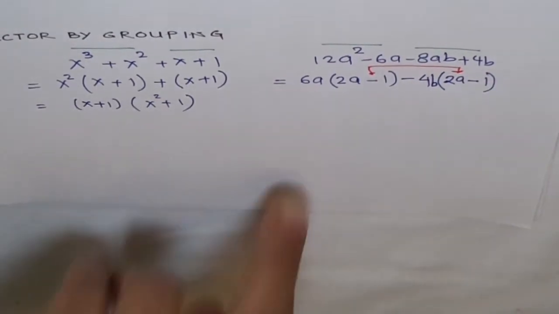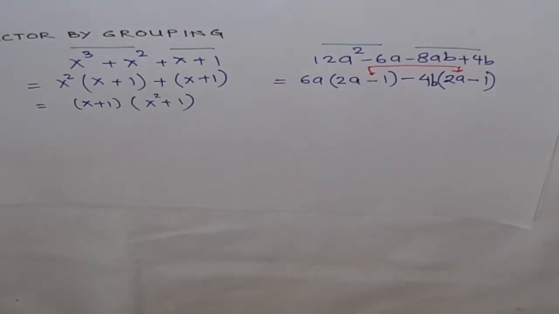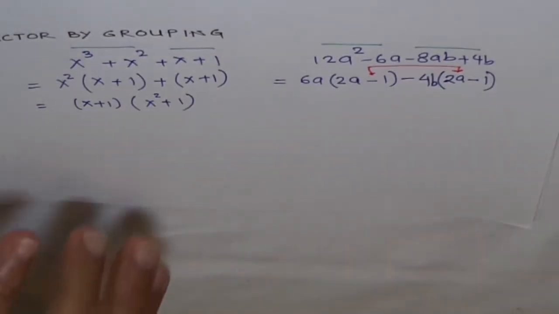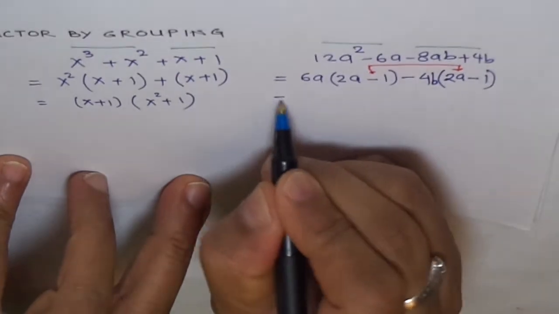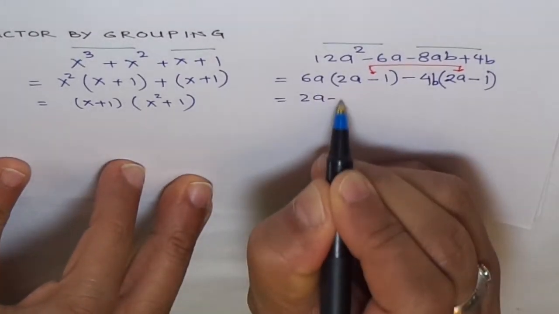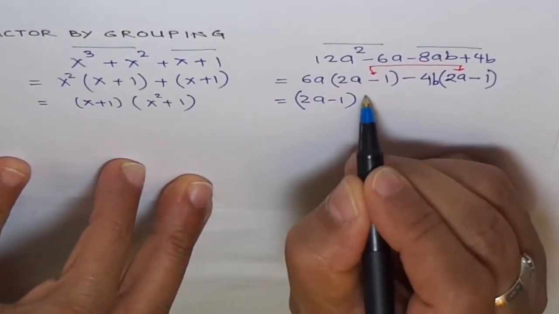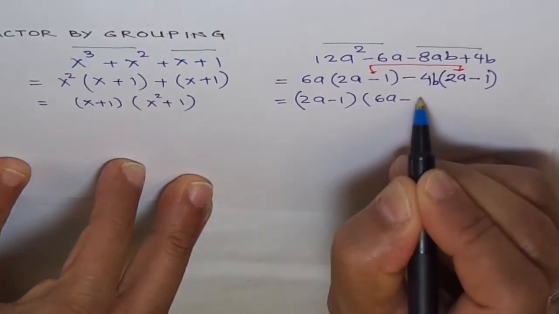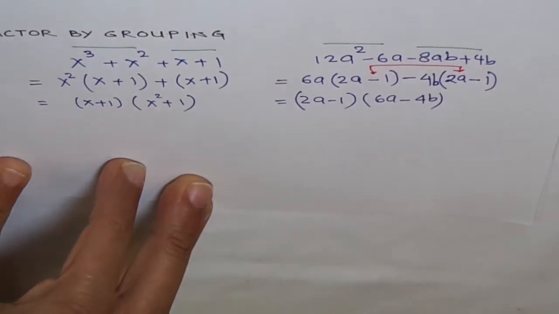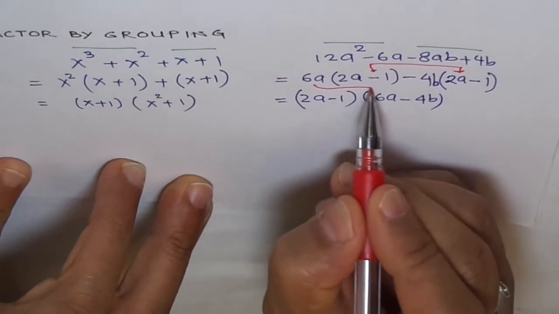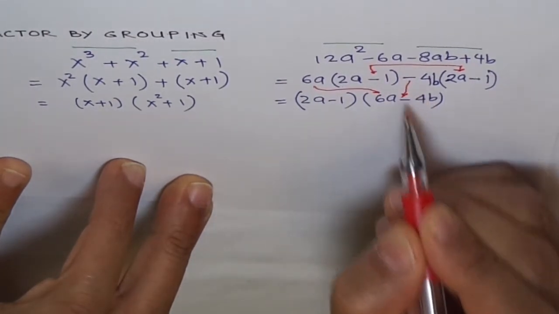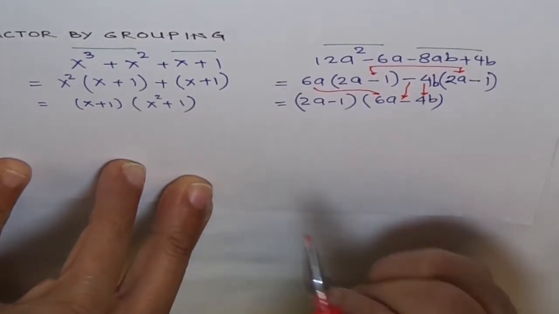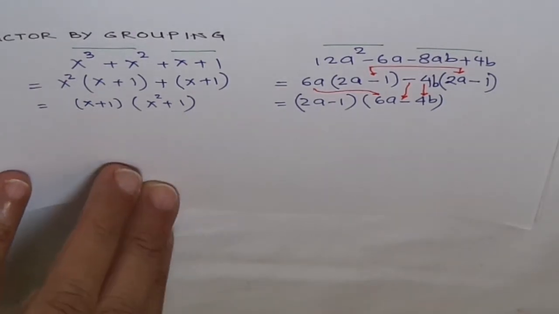So we tried to group them so that we get another common factor, correct? Now we can take 2a minus 1 common, and we are left with 6a minus 4b. How do we get it? We get 6a from here, minus sign from there, and 4b, right? So that is how we factor.